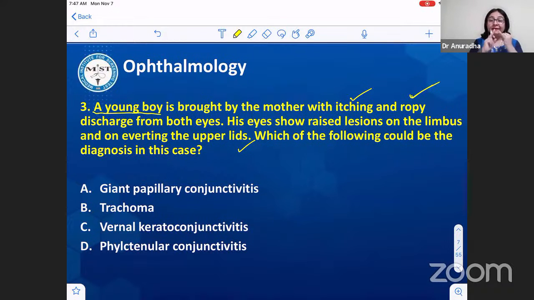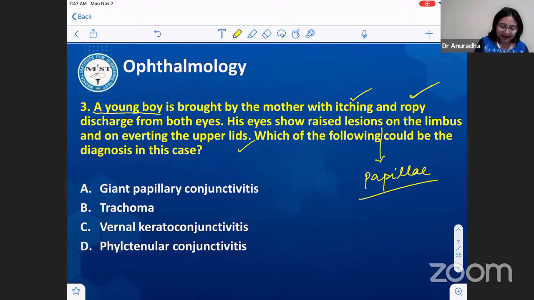So please remember the signs and symptoms. Raised lesions which they are talking about are the papillae. Papillae, when present on the limbus, are known as Horner-Tranta spots. And when they are present on the upper lid, they give a cobblestone appearance to the conjunctiva.